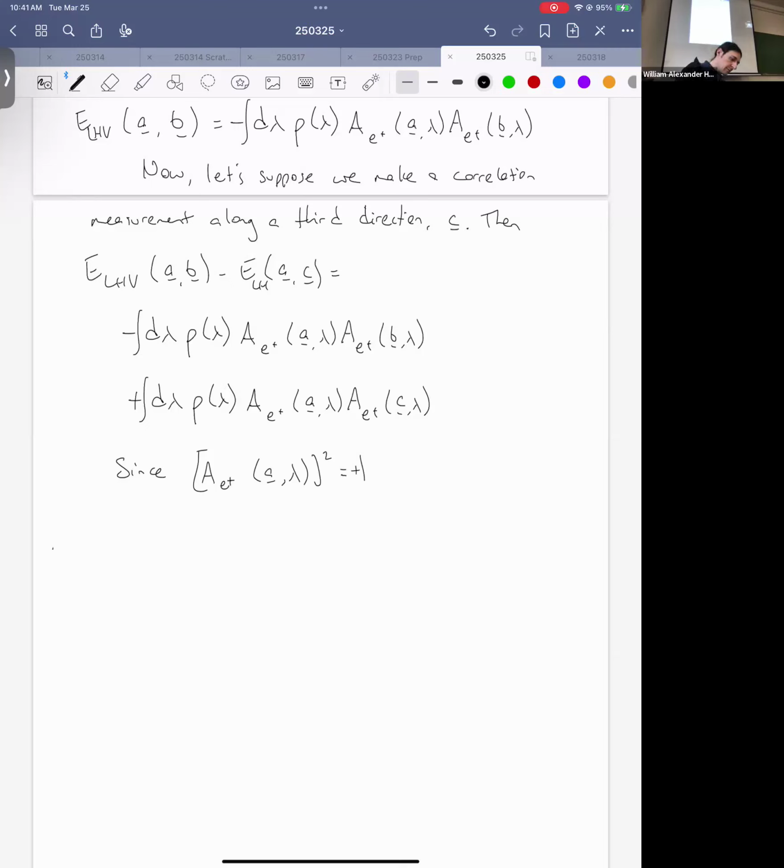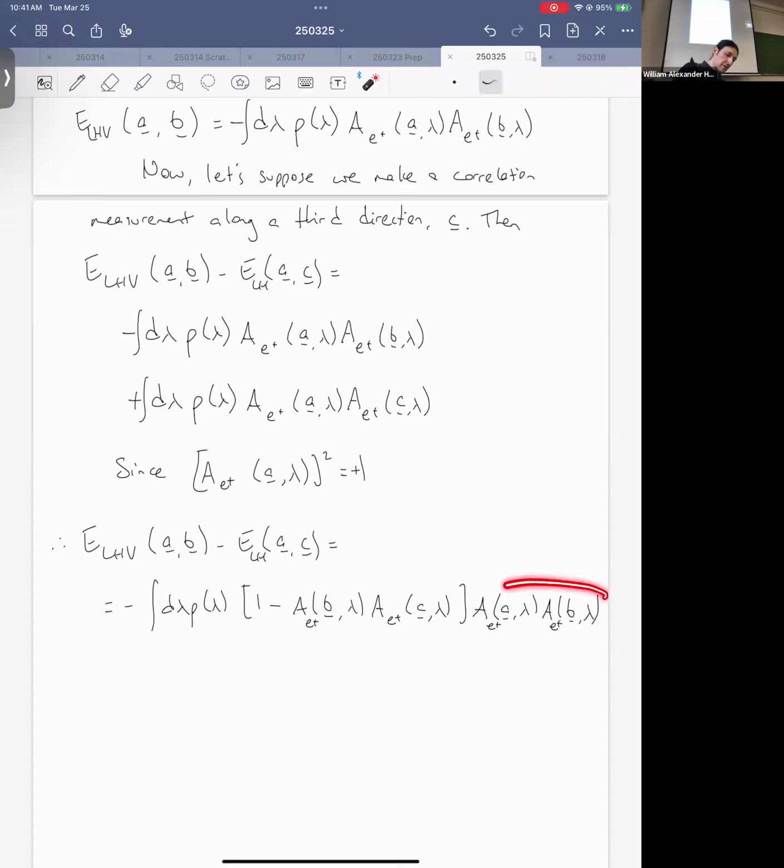And so therefore, this quantity is going to be equal to minus the integral d lambda rho lambda, 1 minus A of b lambda, A of c lambda, times A of a lambda A of b lambda.